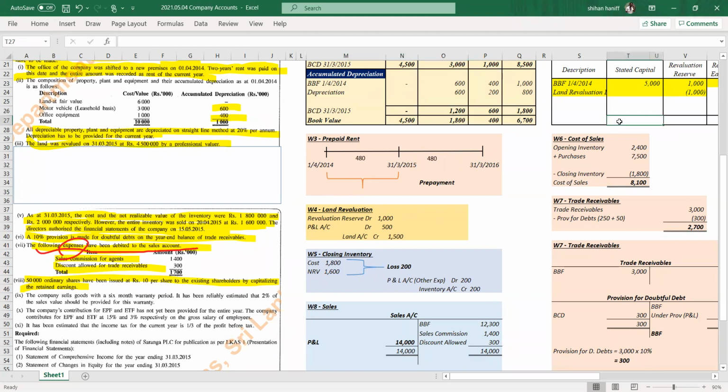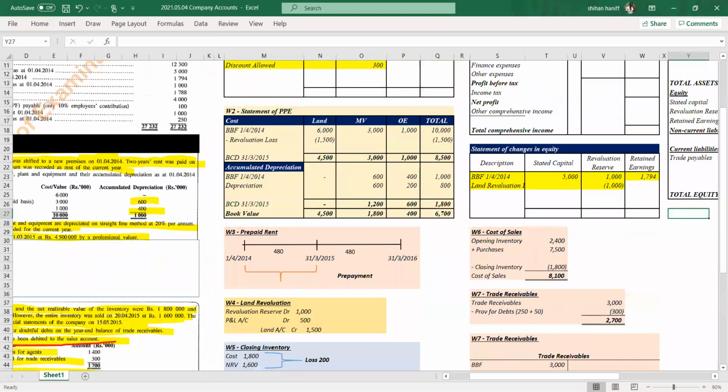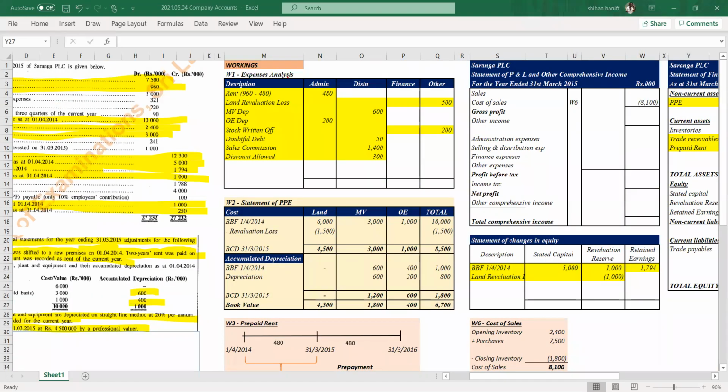Capitalizing the retained earnings, it's a bonus issue. 50,000 into 10 is 500,000. Right. So what's the double entry for this? It is a bonus issue, or we call it capitalization of reserve. Retained earnings will be minus 500,000, stated capital plus 500,000.